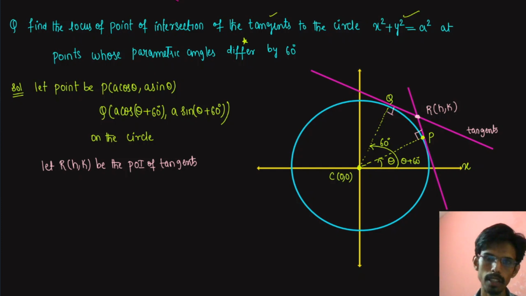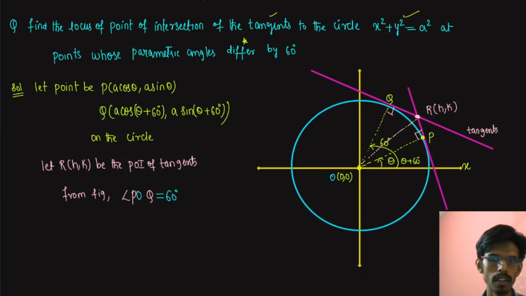Now I am joining the point up to this R. From the figure I can see that the angle PCQ, or if I take the center as O, the origin, angle POQ is equal to 60 degrees.